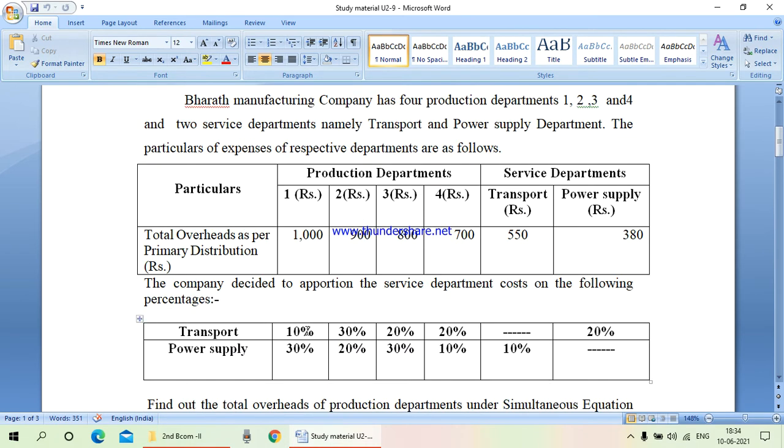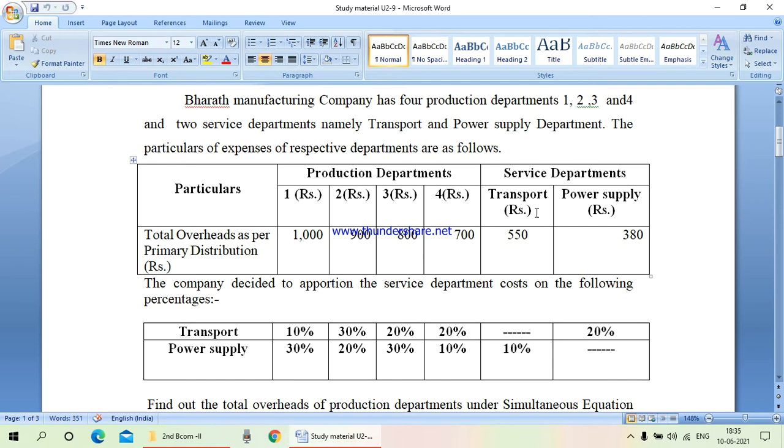The company decided to apportion the service departments' costs on the following percentages, the percentage of apportionment of service department overheads among production departments on a simultaneous equation basis. One is the transport department, another is the power supply department.